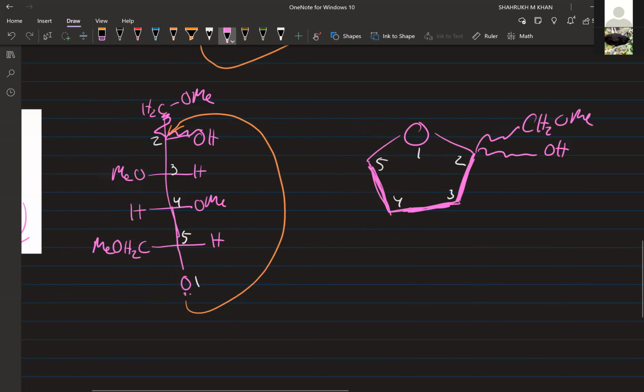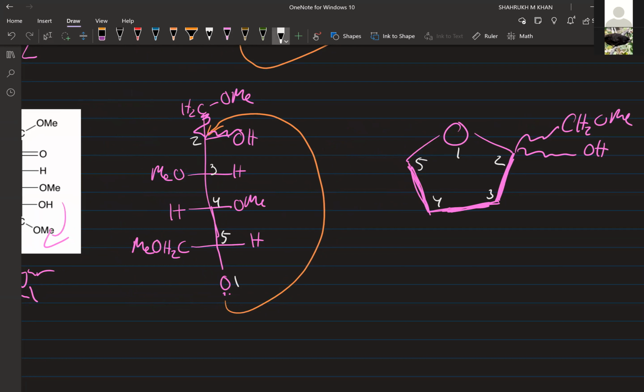So on carbon 3, maybe let me write it down here again. Left is up, right is down. We're not going to use axial and equatorial.